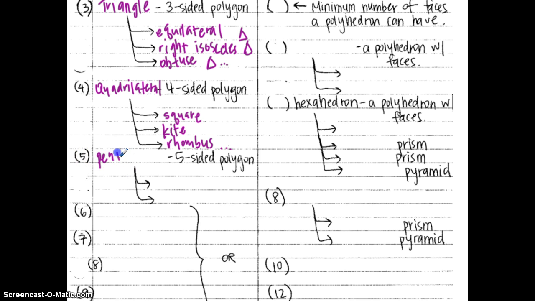Okay? You know what a five-sided polygon is called, right? Here is your pentagon. And then you have regular pentagons, which look more like this. The best that I could do. Or you have your irregular polygons, which means I can draw any 5 lines as long as they connect at the end. That is not 5.